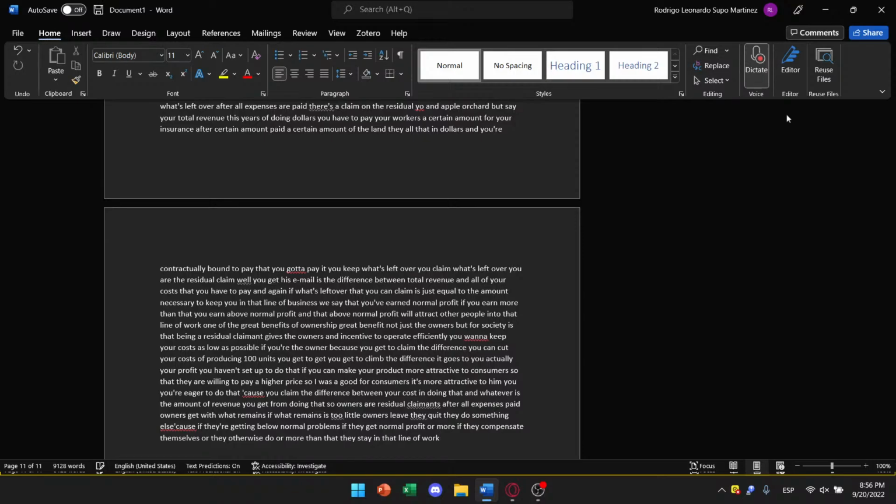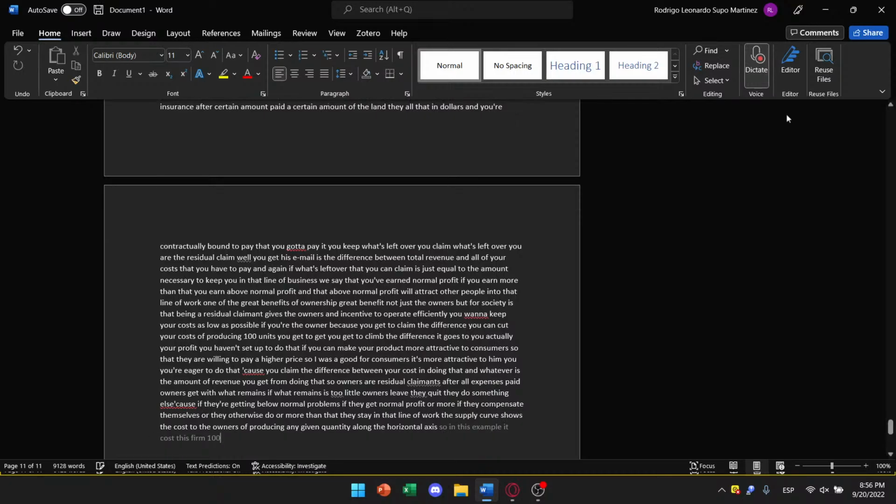The supply curve shows the cost to the owners of producing any given quantity along the horizontal axis. So in this example, it costs this firm $100 to produce each of these 100 units.